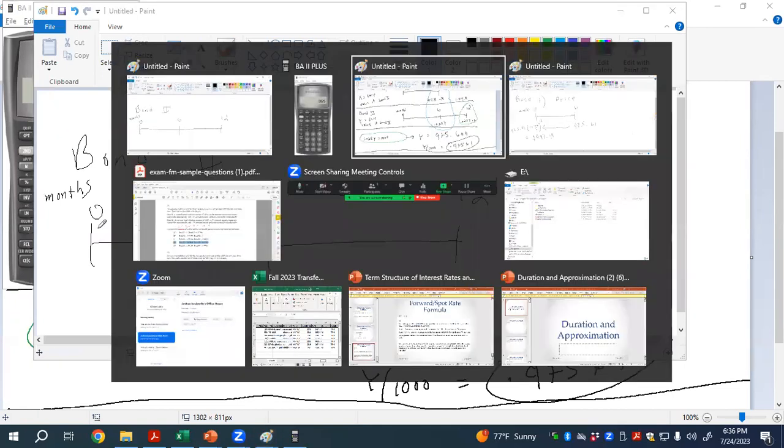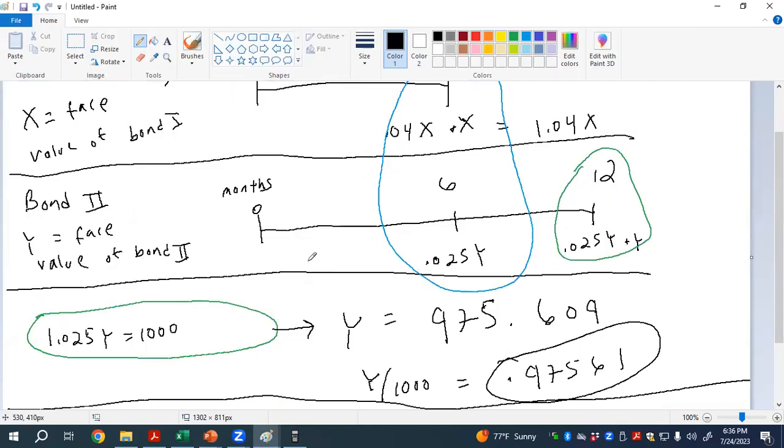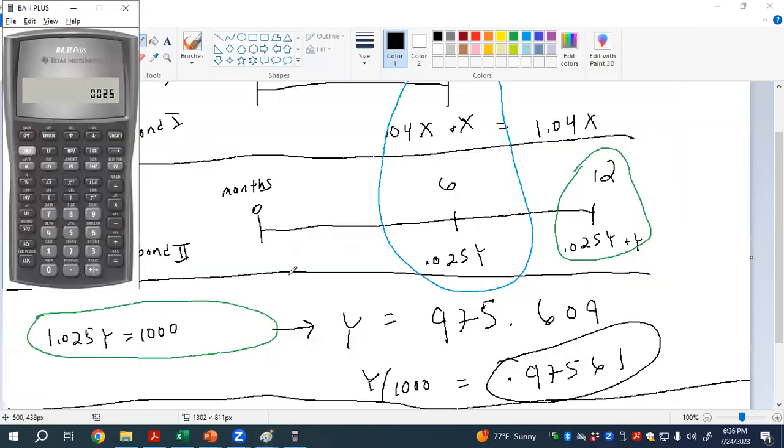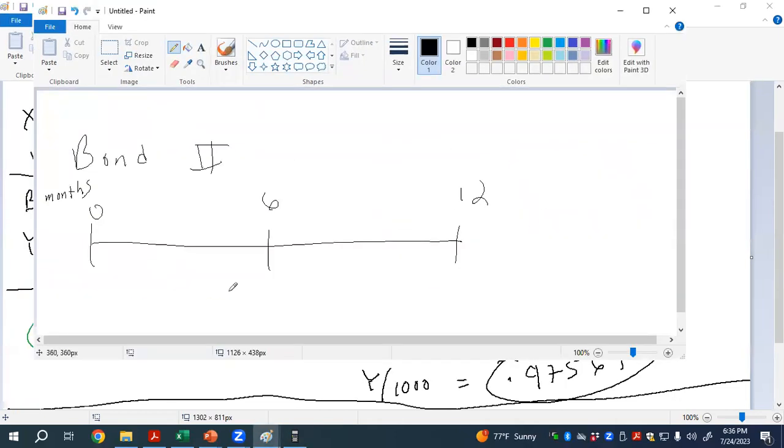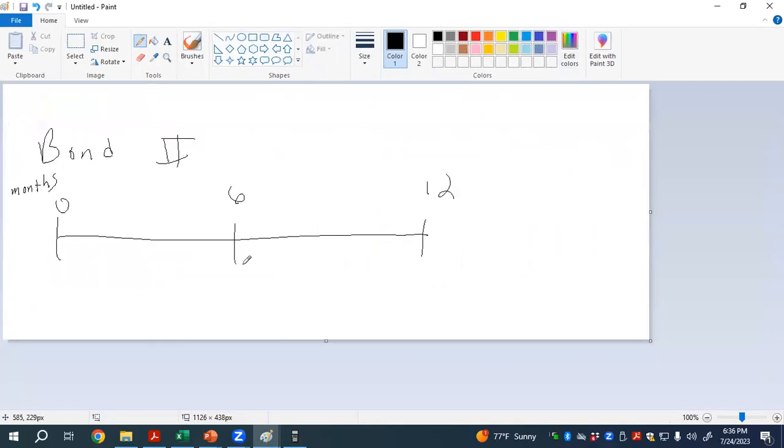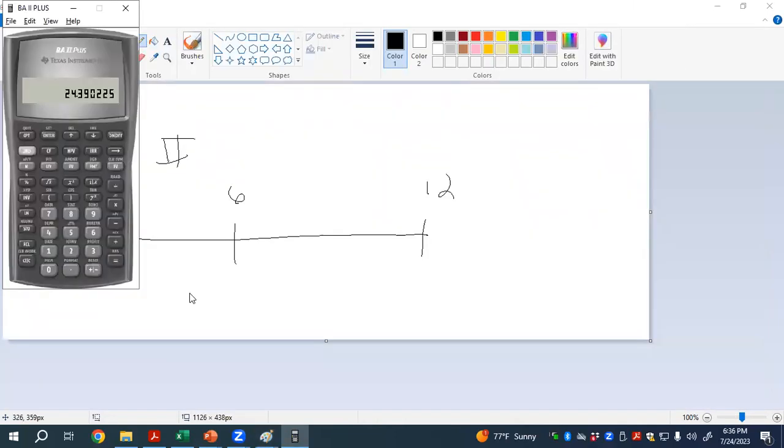Remember the face value for bond 2 is 975,609. So I'm taking for the first coupon, it's just 975,609 times 0.025, 2439. Sorry, things floating around here. So yeah, 24.39.